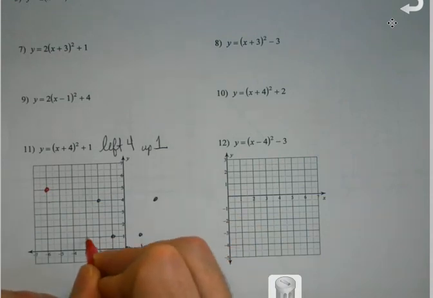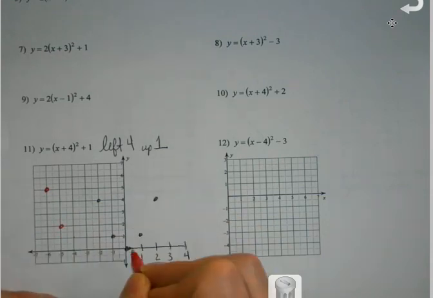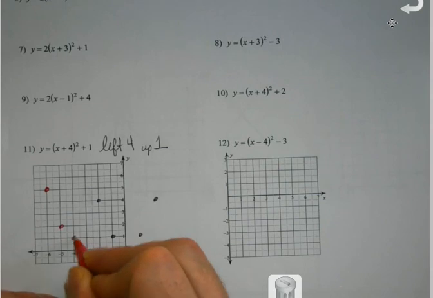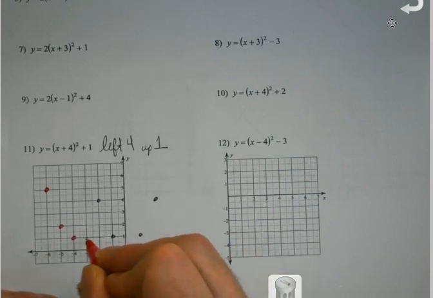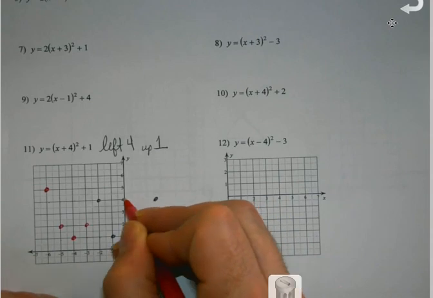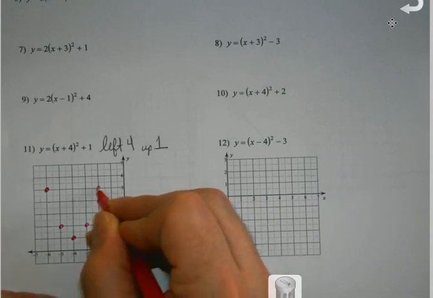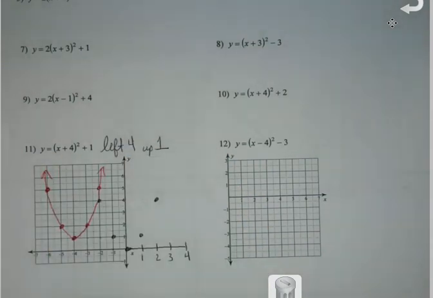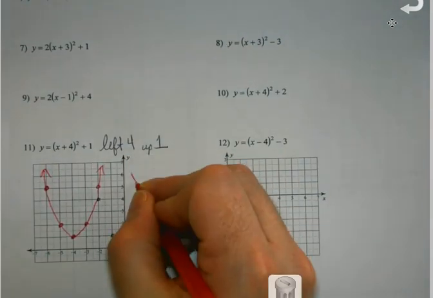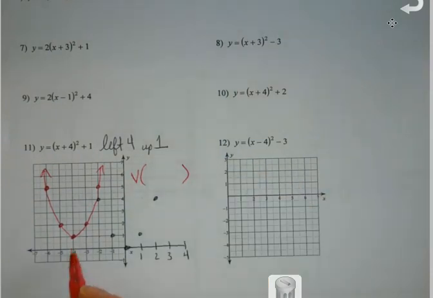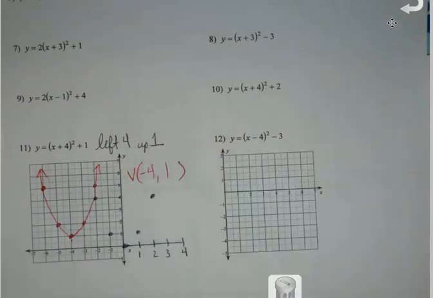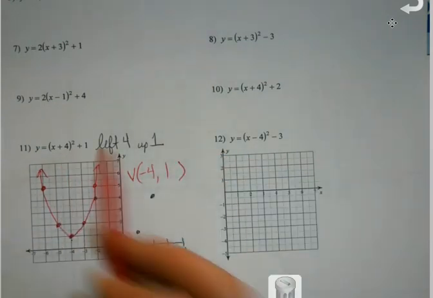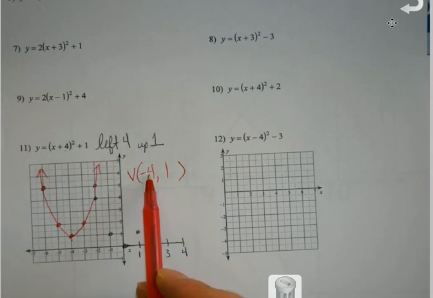Then connect the dots, and then I can get my vertex either from my graph, negative 4, 1, or I can remember, oh yeah, to get the vertex from the equation, it's just the opposite of this, and then whatever's available there on the end.